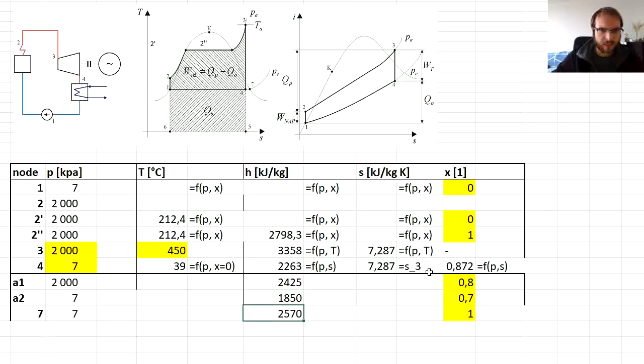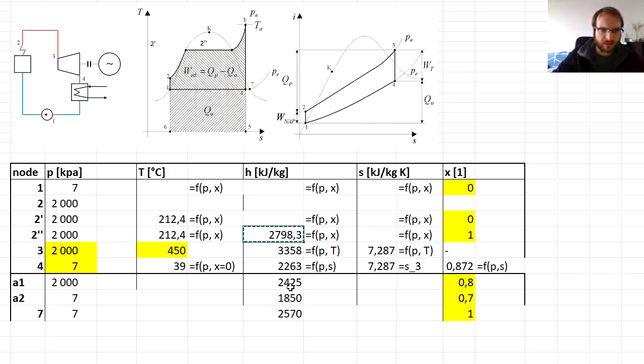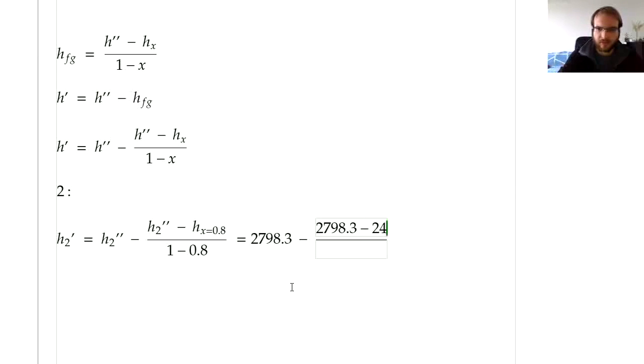So H2 prime is 2798.3 minus (2798.3 minus 2425) divided by (1 minus 0.8), and the result from this will be 931.8 kilojoules per kilogram.